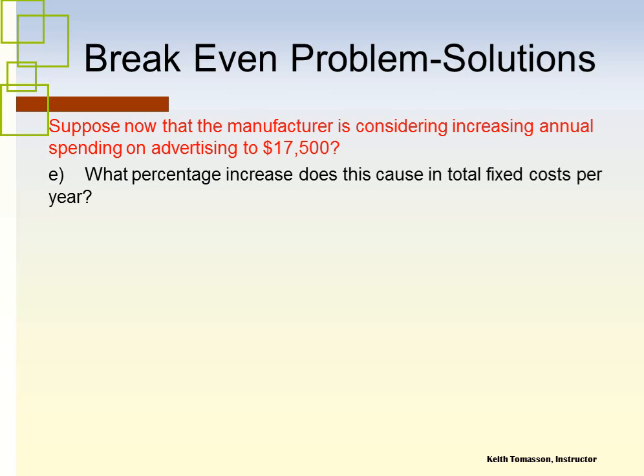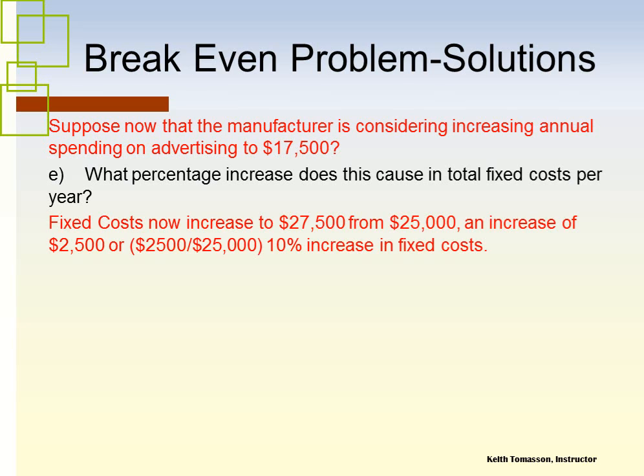So the question is, what percentage increase does this decision cause in total fixed costs per year? Our fixed costs increase to $27,500 from $25,000 due to the $2,500 increase in our advertising contract, which represents a 10% increase in our total fixed costs.